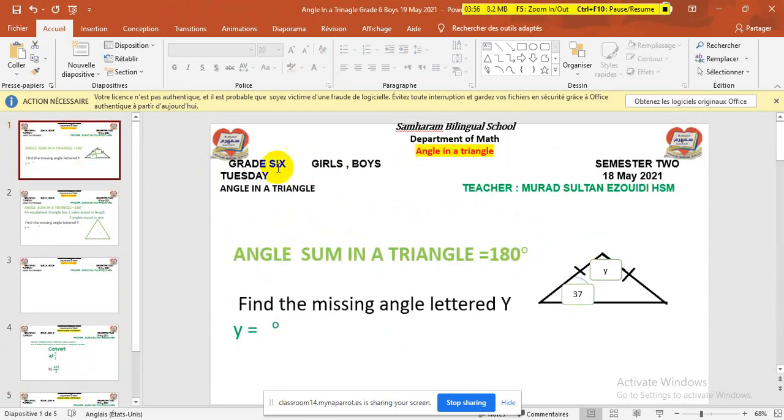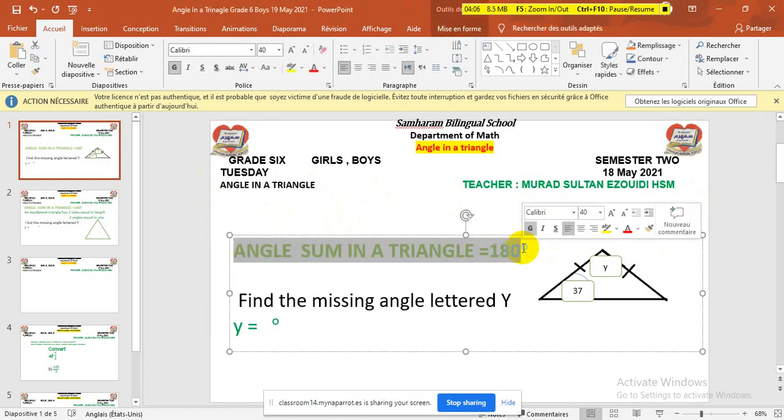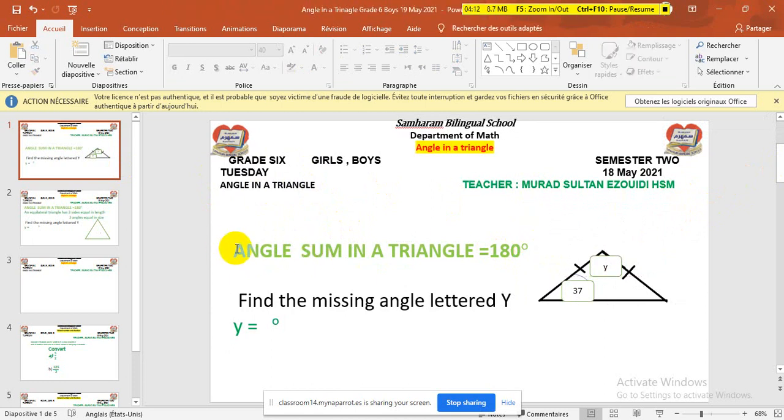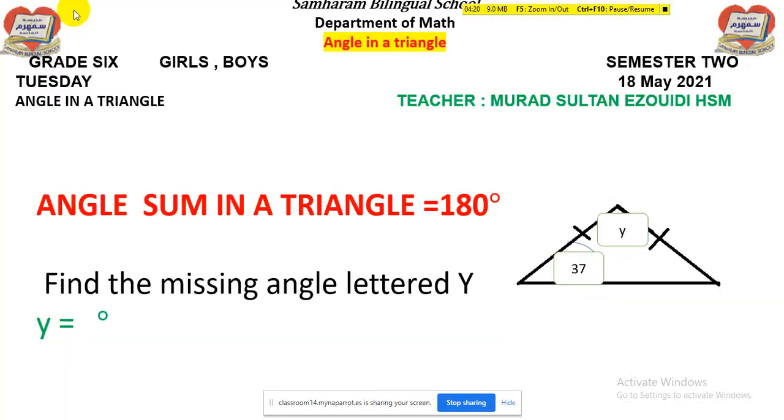So the title is angle in a triangle. My learners, you already know that angle sum in a triangle is what? Is 180. I'll just put the color red. Now I move here, then your lecture will be clear for you to be seen.